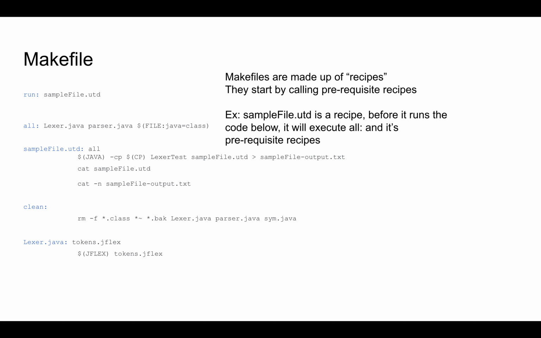Okay, so that's basically it. This makefile is also in the default project, so you don't need to change it. The only thing you need to do here is to add the test cases as a list of recipes here, like this example.